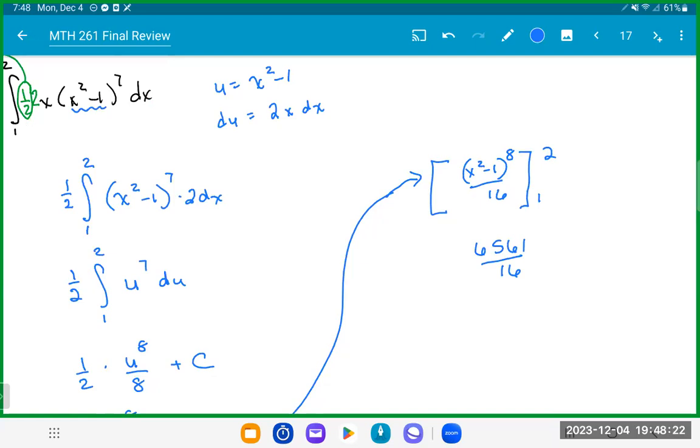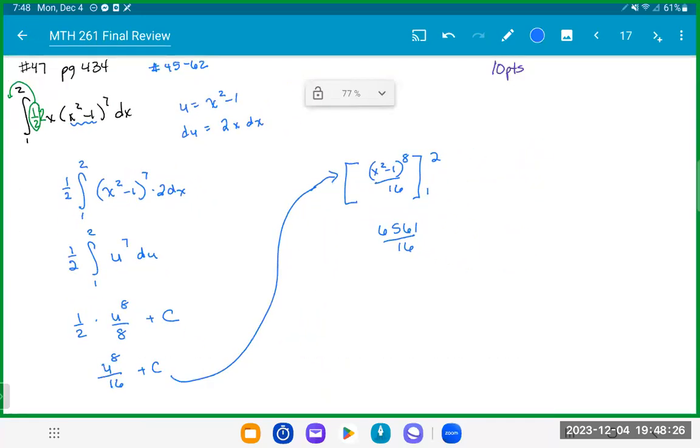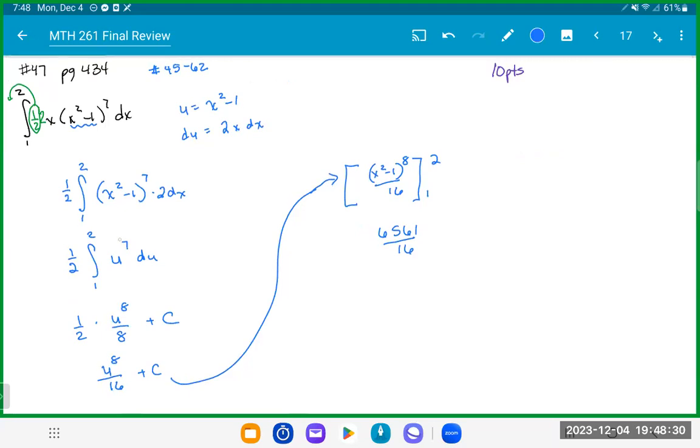Professor, how did you get u to the 8? Is it 7 plus 1? Yeah, so how do you do the antiderivative of this? Remember, u to the 7, the antiderivative, the integral, is just u to the 7 plus 1 over 7 plus 1.